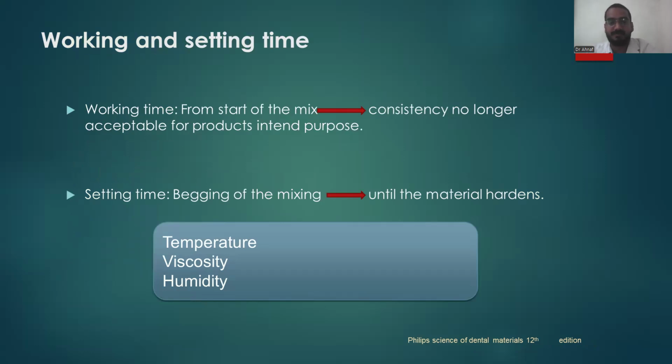What is the working time? What do you mean by working time? What is the difference between working time and setting time? Working time is the time from the start of the mix until the consistency is no longer acceptable for the product's intended purpose. Setting time is from the beginning of the mixing until the material hardens.